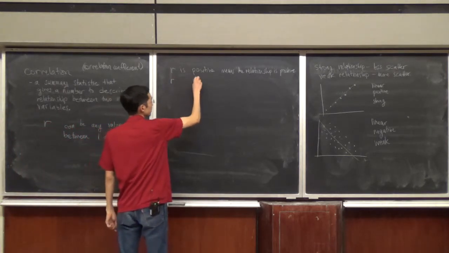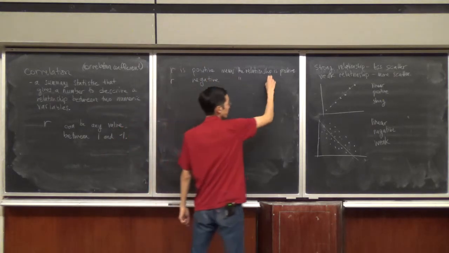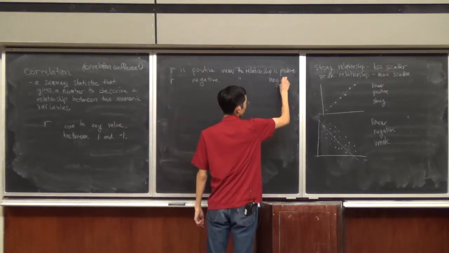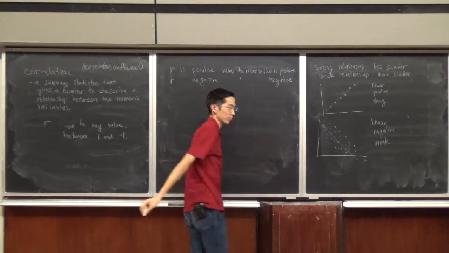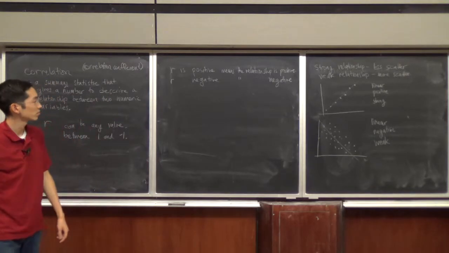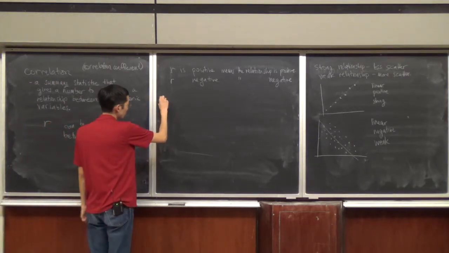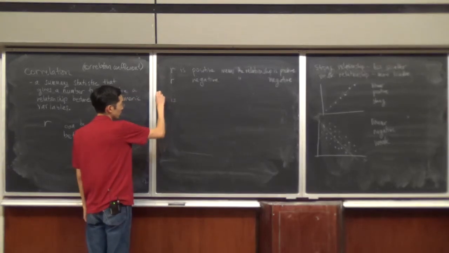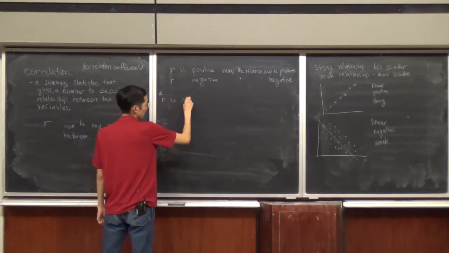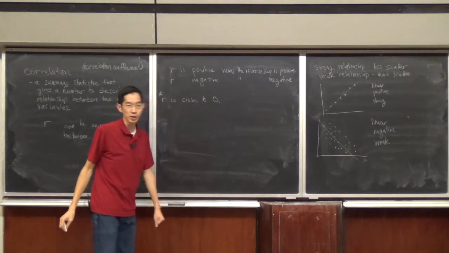If R is negative, then the relationship is negative. If R is close to 0, then the relationship is weak.